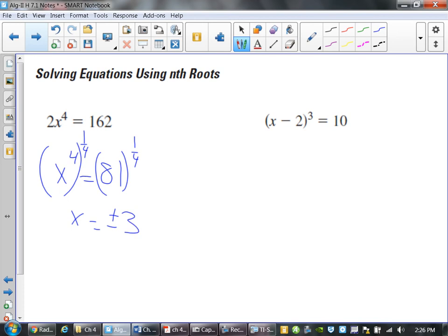Anytime I take an even root on both sides of an equation, I'm always going to have plus minus in there. Okay? What do I do on the other side? Take the cube root. Good. So I take the cube root on both sides.